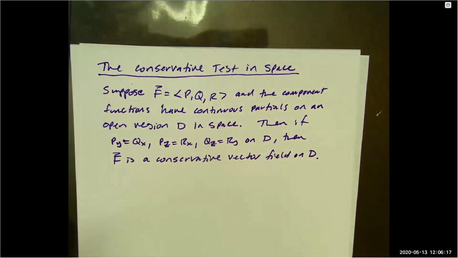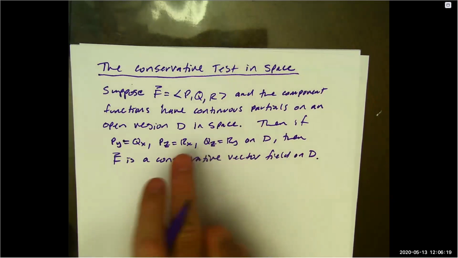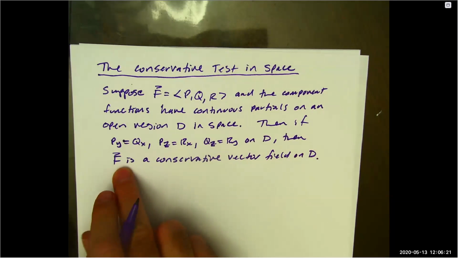So in other words, there's a potential function whose gradient is equal to this vector field on D.